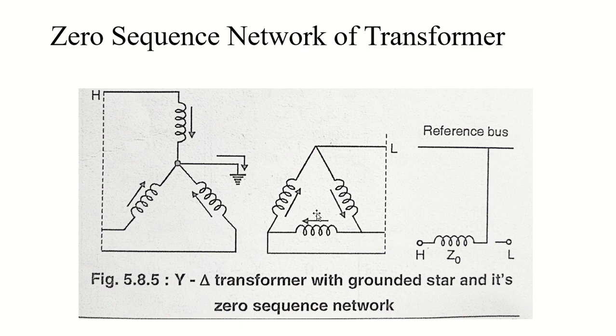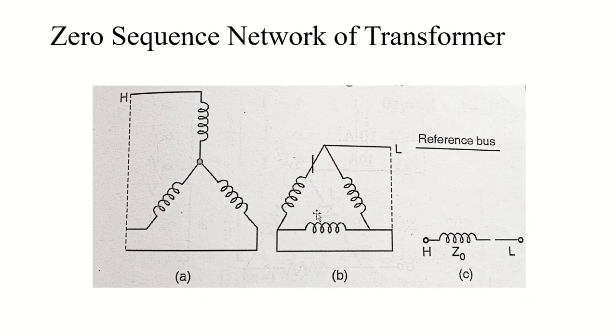The fourth one is the delta star, but this time the delta is not grounded. It is a little bit of a special case, because the neutral of the delta is connected to the windings underground, right? The neutral of the delta is always connected to the windings underground.